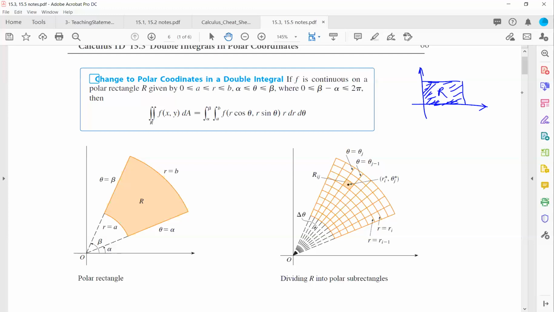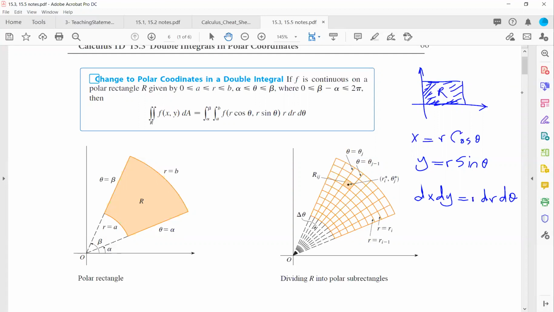Your x is r cosine theta and your y is r sine theta. And dA, dx dy, is equal to r dr d theta.